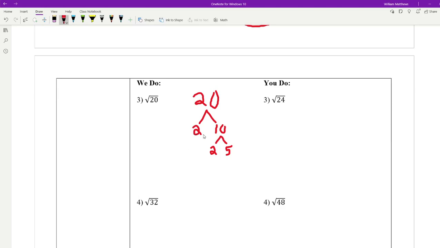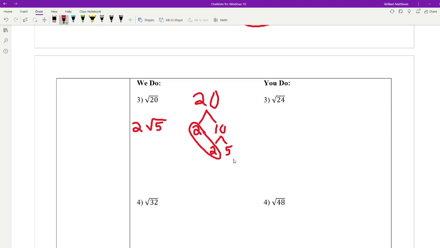So yet again, I find any matching pair that I have. In this example, I have a number that is left over. Any values that are left over will stay in our radical symbol. So in this case, we had a matching pair of 2, so we wrote the 2 down one time.